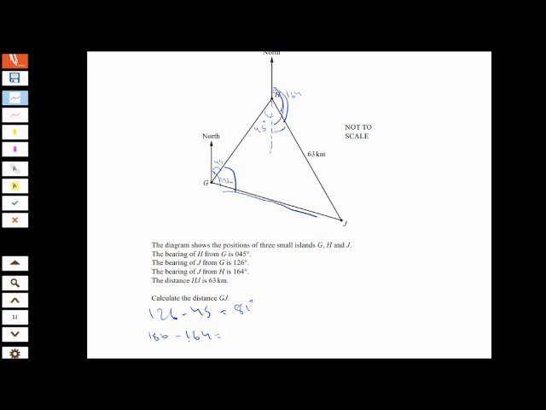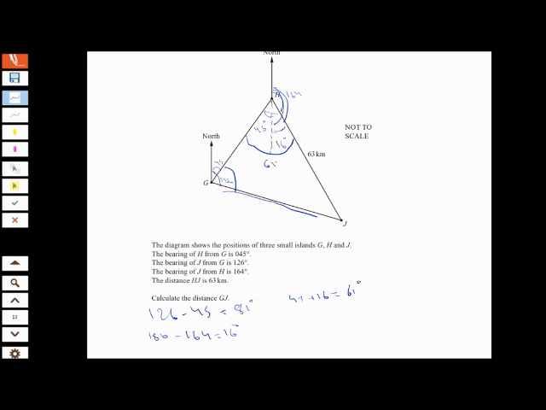So basically this angle is 16. So how to find this angle right here? This angle, 45 plus 16, is 61. So what we know is this angle is 61 degrees and this angle is 81 degrees.